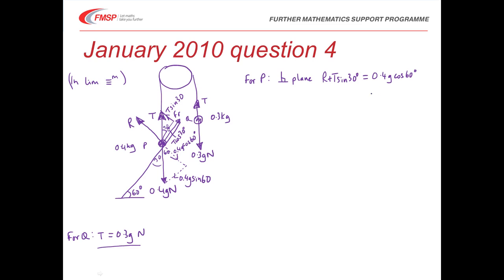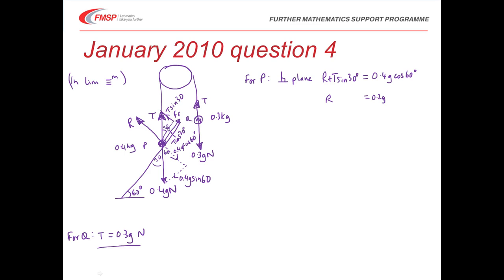Now, notice cos 60 is a half, so that's going to be something a little bit easier to work out. In fact, this term over here is going to be a half of 0.4g, so that's 0.2g. And I'm going to subtract T sin 30 from both sides.